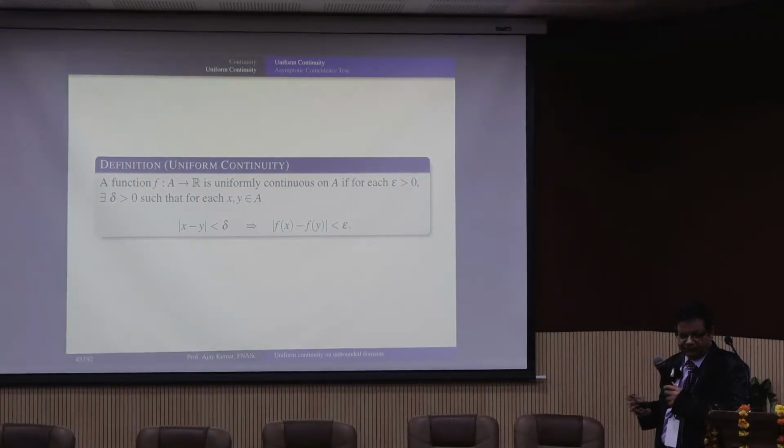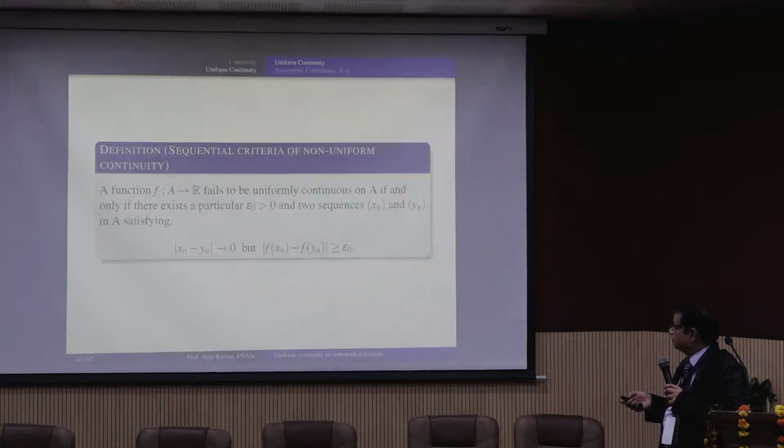It is the same kind of concept here. Uniform continuity is a global phenomenon, and continuity is local at the point x naught. So a function fails to be uniformly continuous.